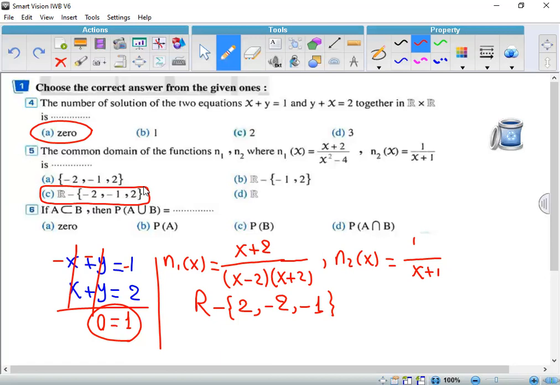If A is a subset of B, then A union B equals? If you have two sets, A and B, A subset of B means this.